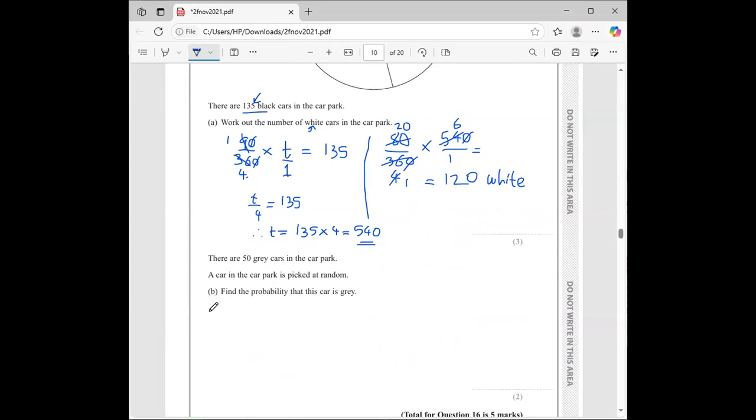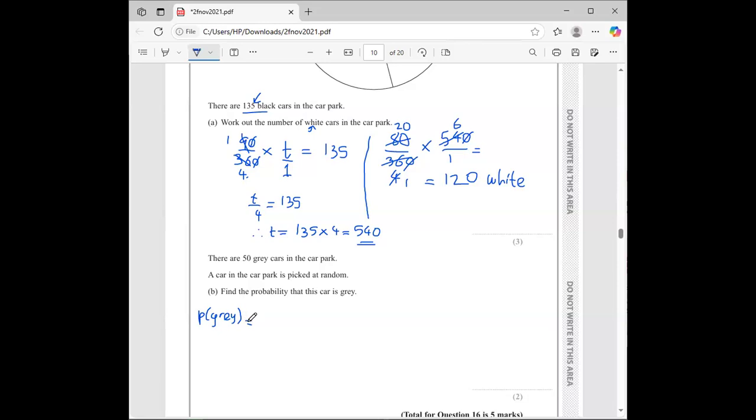Now, you remember the formula for probability. The formula for probability is number of required events over number of possible events, right? Now remember, what is our required event?